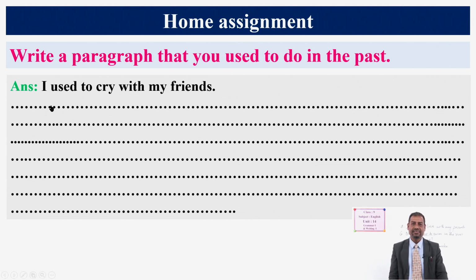So you can start your writing like this: I used to cry with my friends, but now you don't cry with your friends. Or do you cry? No. So for this type of activity, for this type of expression, you have to use used to, or did not used to, or never used to. Okay. So please complete it, write this paragraph and show it to your English teacher. Have you got me? Good.